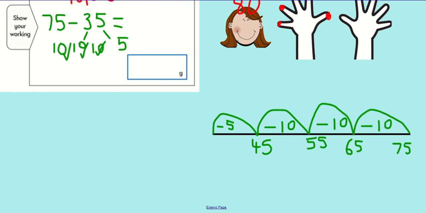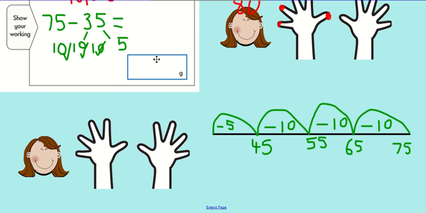Another lot of 5. So remember, our fingers and our counting in our heads is really useful when we're taking away ones. So 45 is the number we landed on, so that's going on our foreheads. 45, dear. And we're going to count back in ones 5 times.